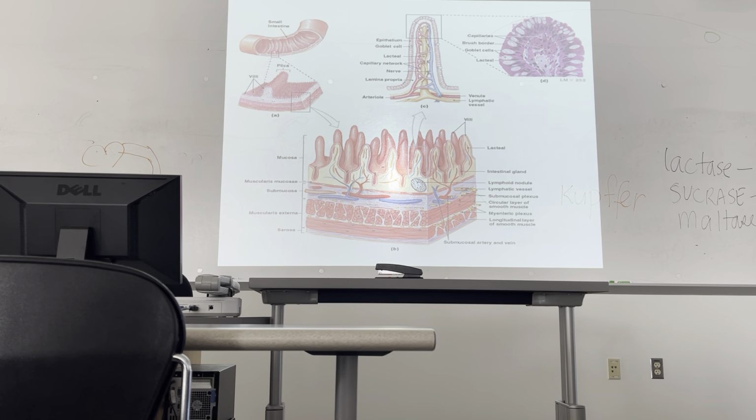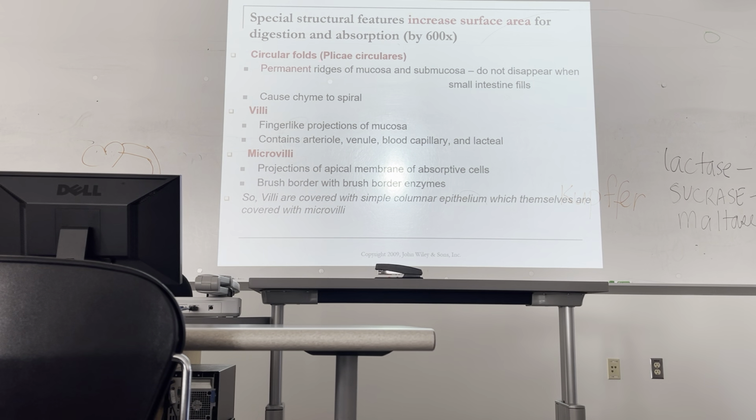And then, of course, you look at one columnar cell. The apical surface of one columnar cell will have folds called microvillus. You remember that from 241, the microvillus. So these three features help to increase the surface area of your small intestines. And the microvillus is the one that makes it look like a brush border. And that's why we call them brush border enzymes. Okay?